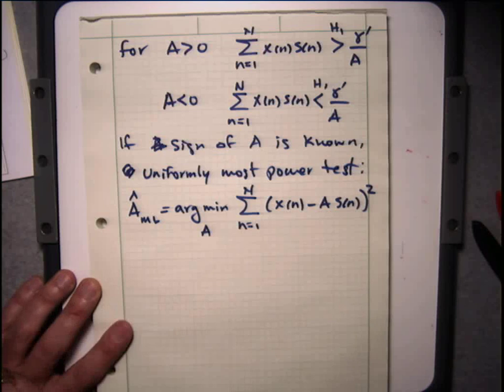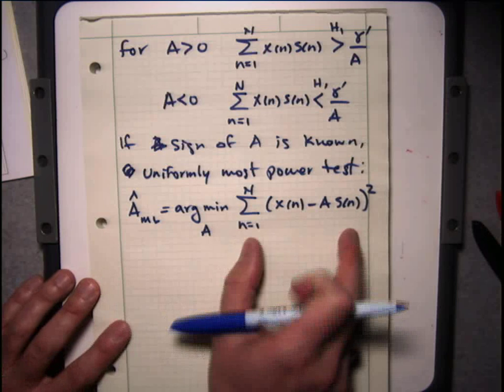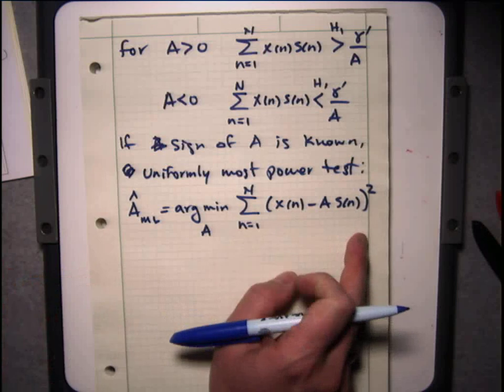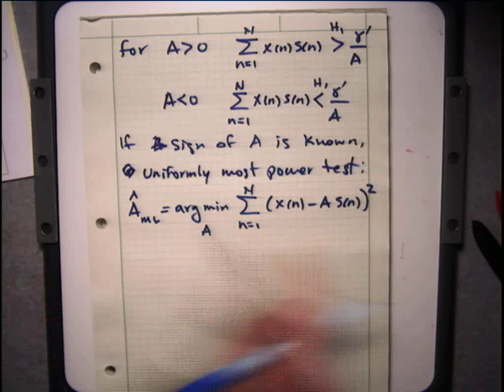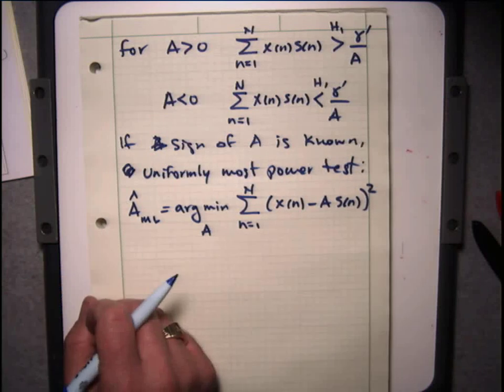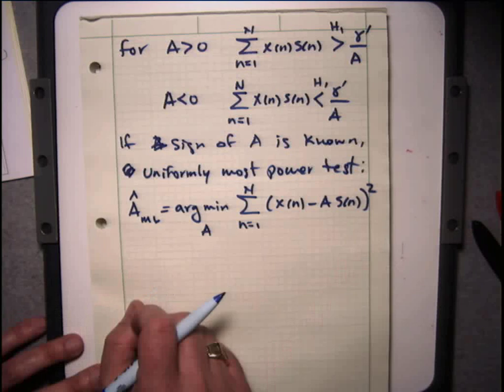Okay? So this is just maximizing the likelihood, which is e to the minus this term. And so it's the same thing as minimizing this. And this is, of course, nothing but the least squares solution.